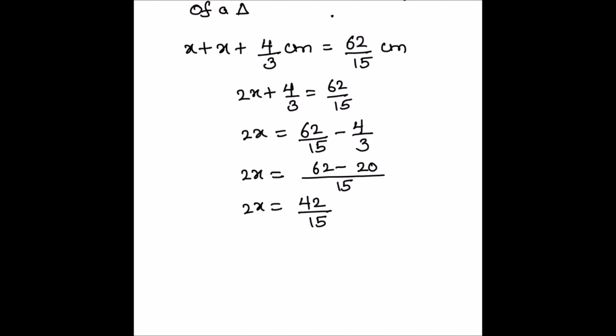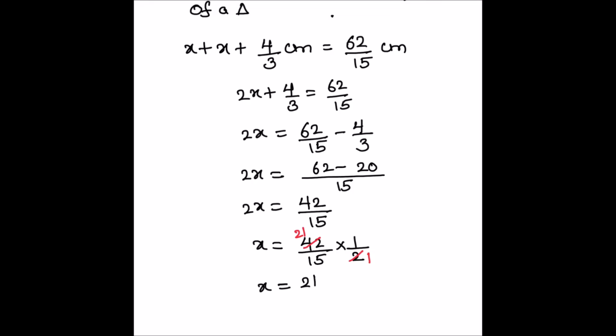Now to find the value of x, we'll leave x here and we'll transpose 2. So 2 is getting multiplied on the left hand side, so it is going to be in the denominator on the right hand side. Means it is going to divide. So x will be equal to, simplifying this, 2 times 21 is 42, 2 times 15 is 30... that's 21 in the numerator and 15 in the denominator.